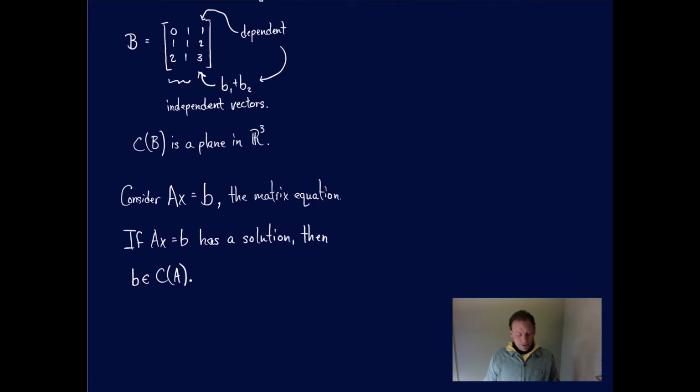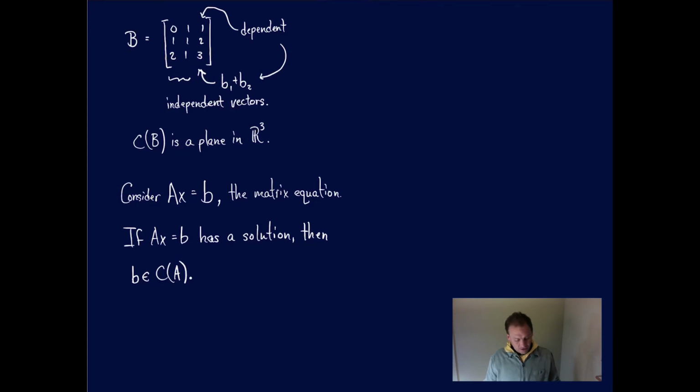Now, will it happen that sometimes there is no solution? The answer is yes. And when that happens, if b is not in the column space of A, then Ax equals b has no solution.